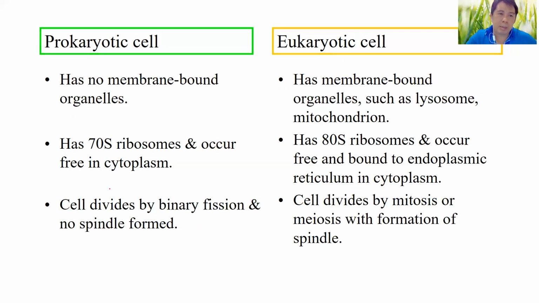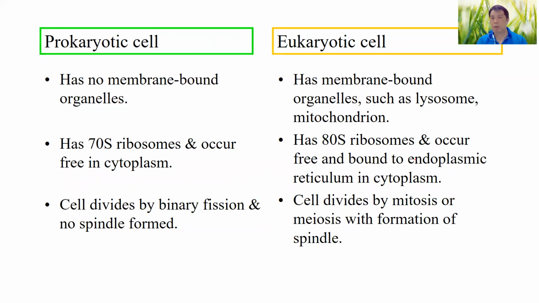The prokaryotic cell has no membrane-bound organelles. Here you must mention which membrane-bound organelles are absent in prokaryotic cells. Whereas in eukaryotic cells, there are membrane-bound organelles such as lysosome, mitochondria, and so on. And the ribosome in prokaryotic cells is 70S, whereas in eukaryotic cells it is 80S, and can occur as free ribosome or ribosome bound to the endoplasmic reticulum.